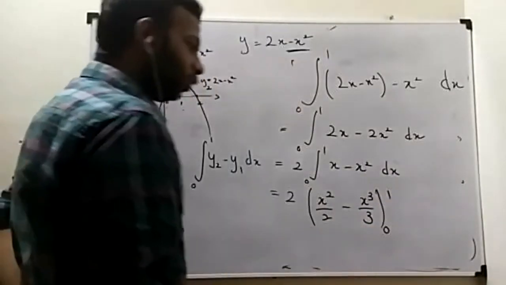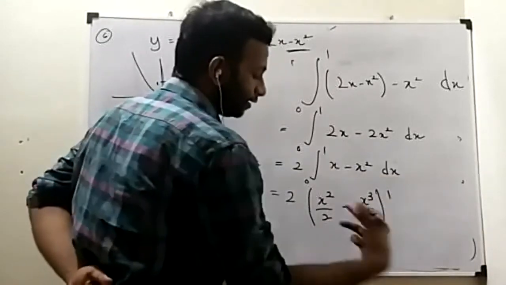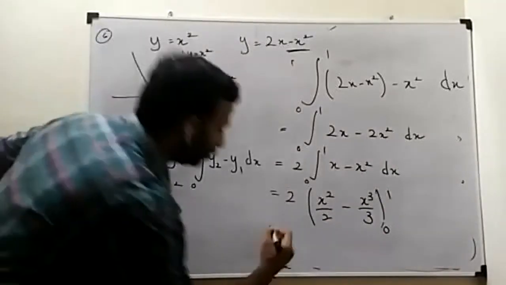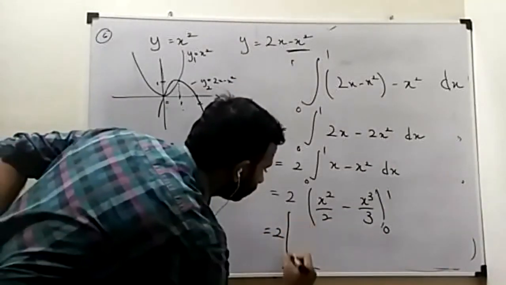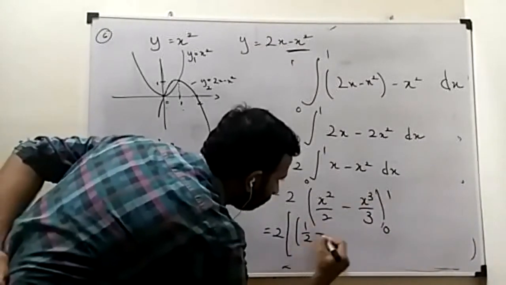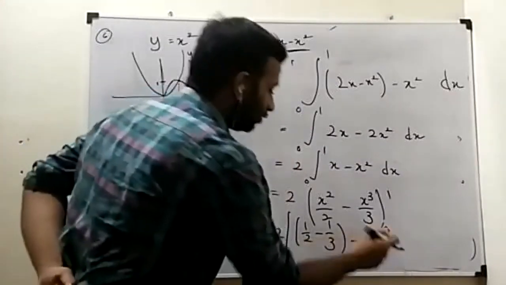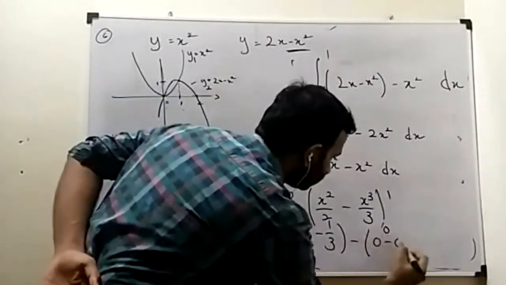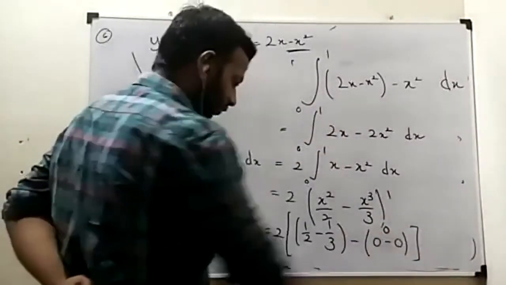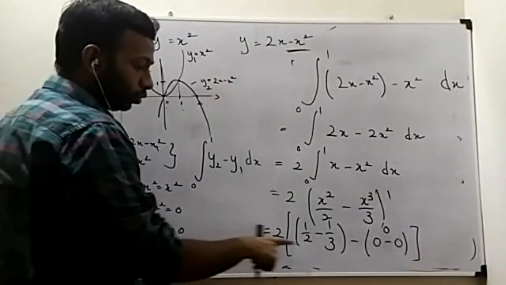So what do you do now? You substitute the upper limit and get the value, and subtract the value from substituting the lower limit. So the answer is 2 times, substituting x equals 1, 1 over 2 minus 1 over 3, minus, substituting 0, 0 minus 0. So this is 0, you don't need to consider it. So 2 times 1 half minus 1 over 3.